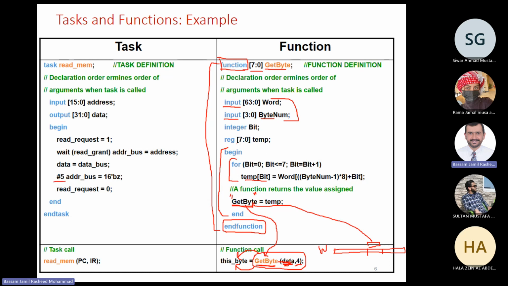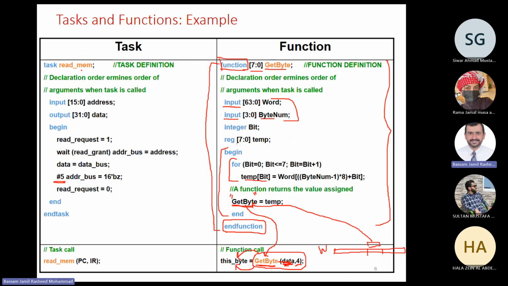In a task we can have a delay, but in a function there is no delay. So the function is more of a combinational circuit, if you will. What we have implemented here is a massive byte selector, or more like a huge multiplexer, which is a combinational circuit.